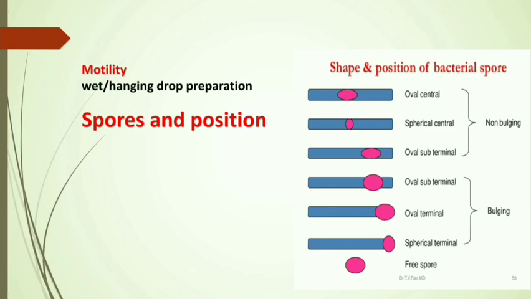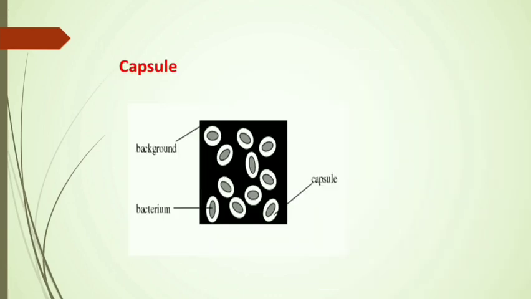They may be bulging or non-bulging, and they may be placed either in the center, in the subterminal, or in the terminal end of the cell. Sometimes spores are free in nature. Next, we determine capsule by using negative stain.